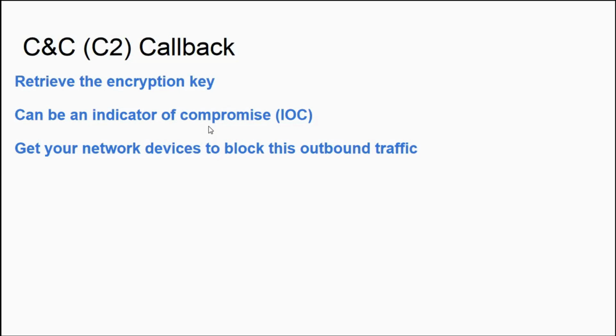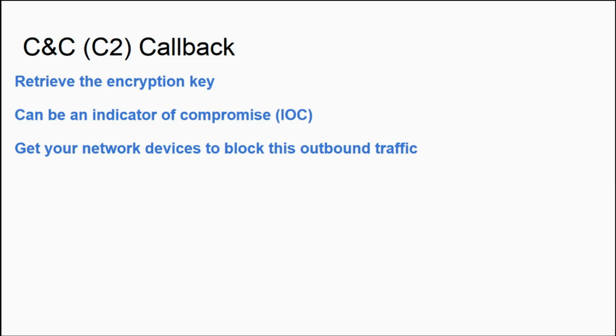C2, command and control, the C2 callback. I want to look at how the encryption keys are generated and shared with the ransomware that is encrypting all the files. Traditionally, the ransomware that runs on your computer needs to call out to the hacker's sites to generate the encryption key. Until an encryption key is provided to the ransomware, no files are encrypted. I say traditionally because this is changing.